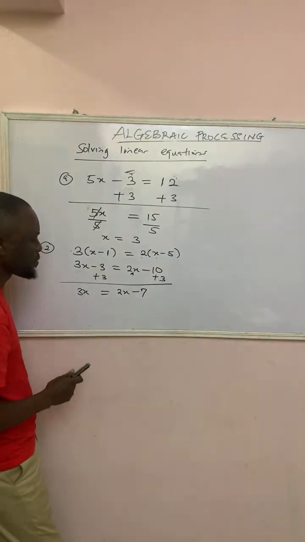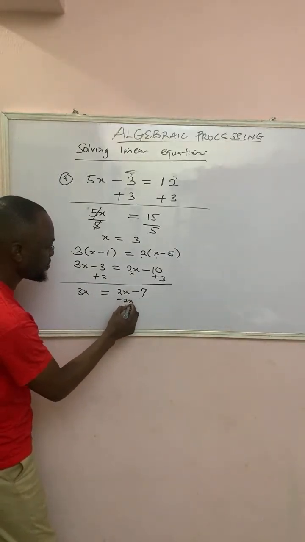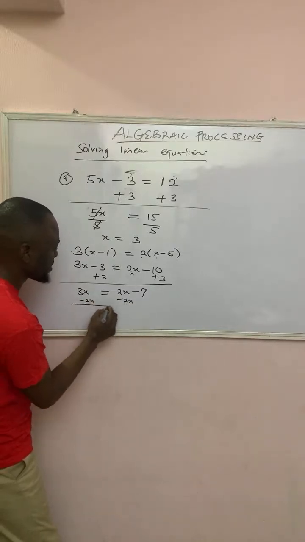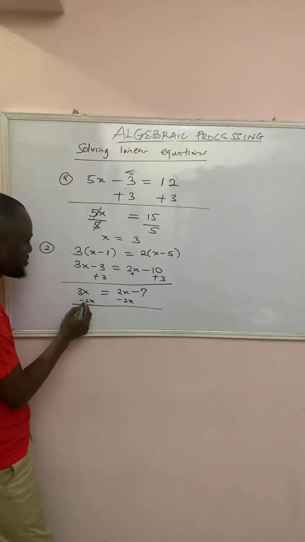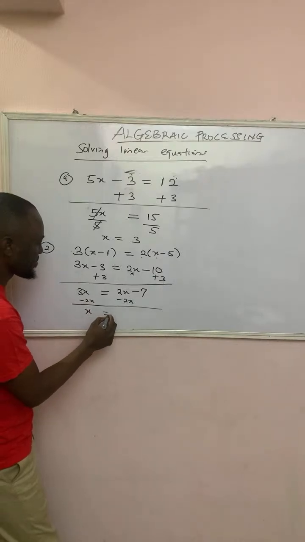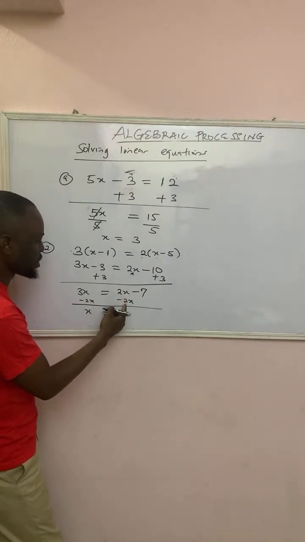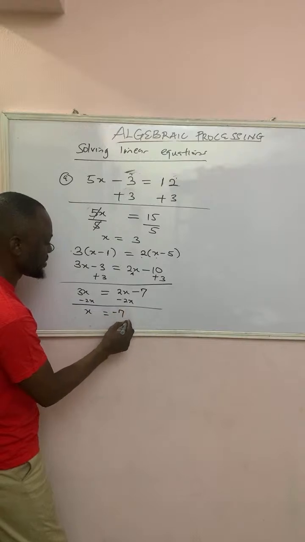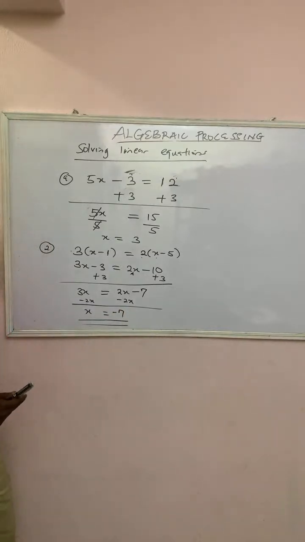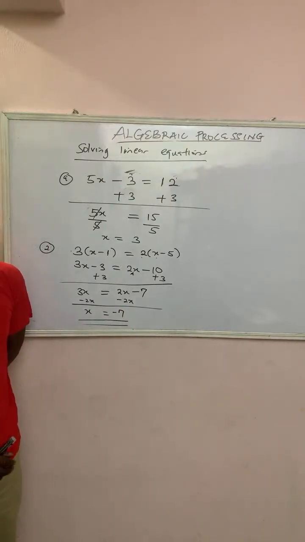So in order to get rid of plus 2x, I'm going to subtract 2x from both sides. So 3x minus 2x will give me x, and 2x minus 2x is 0. So I have a minus 7. So my x is minus 7. I hope that is clear.